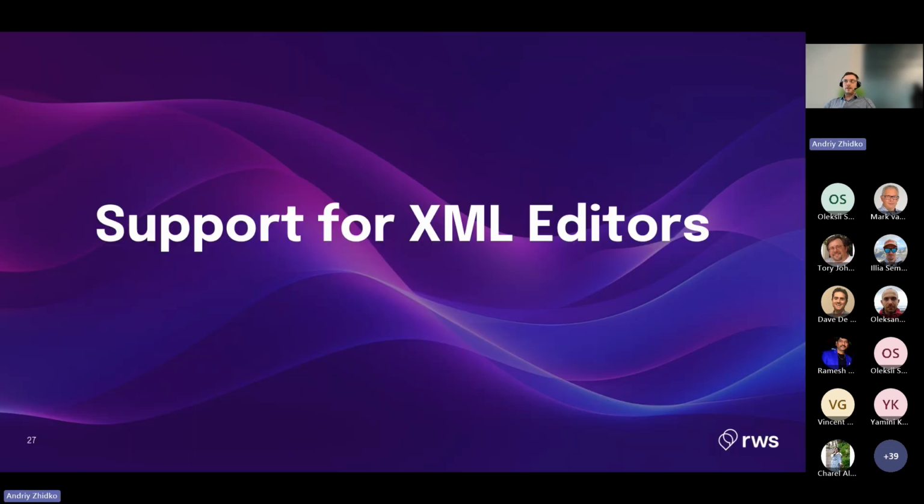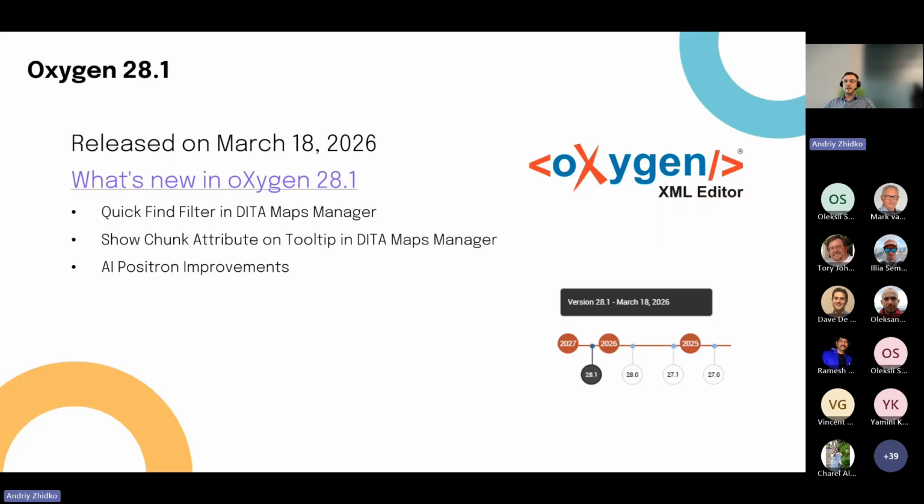Let's cover support for XML editors in context of Tridion Docs 15.3 release. So we will support the currently latest available Oxygen 28.1 in 15.3 release. It delivers a quick find filter in data maps manager.